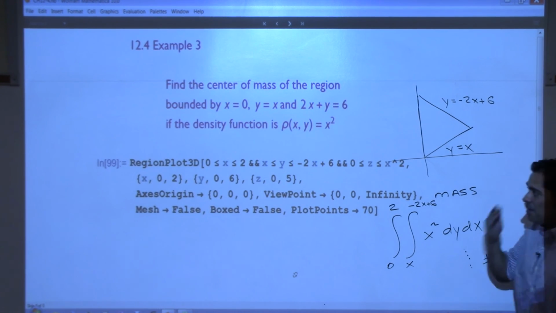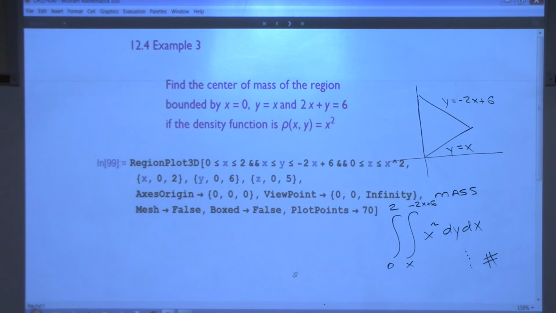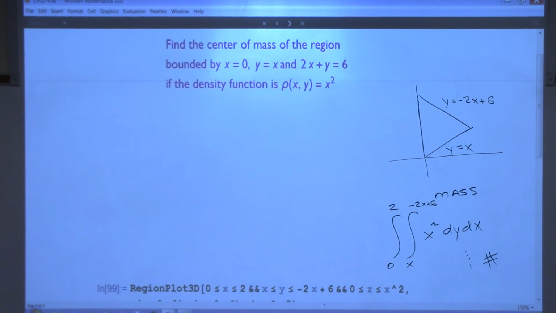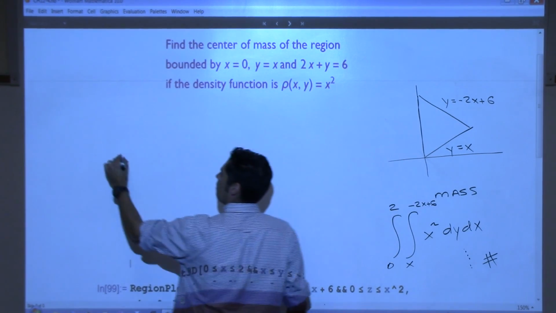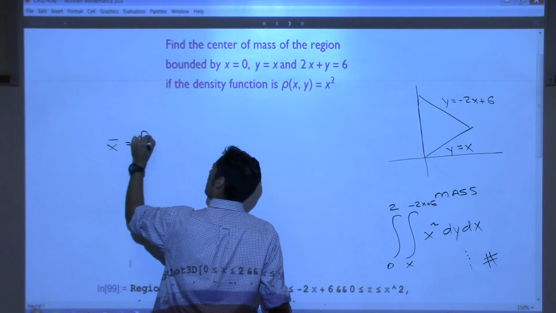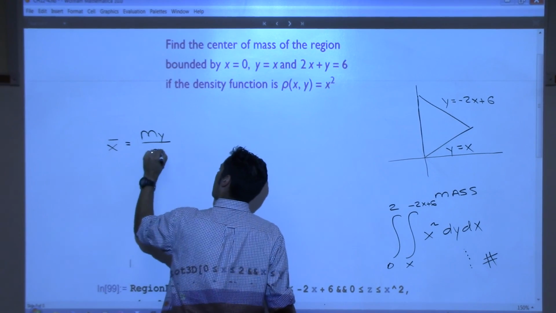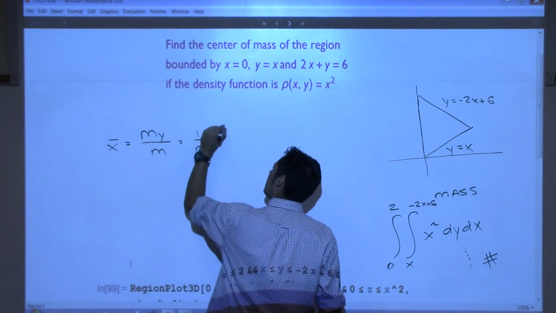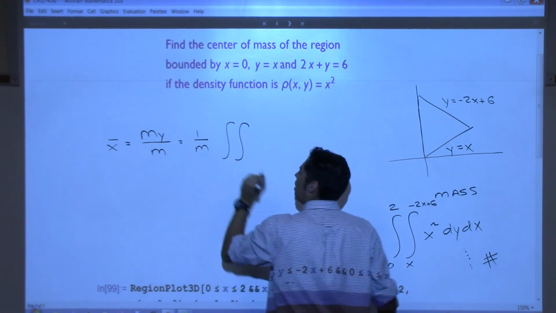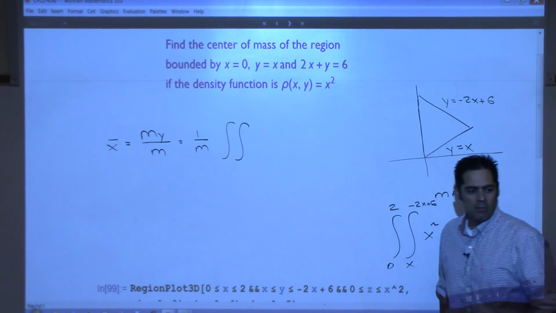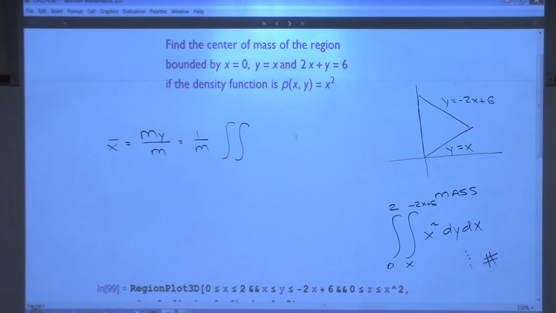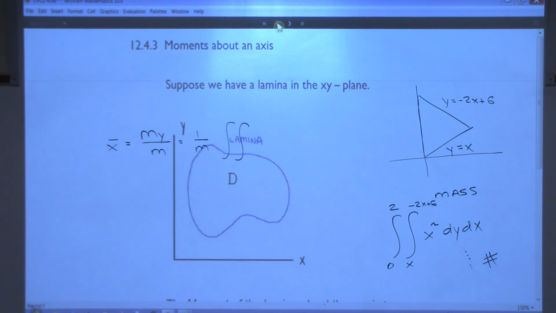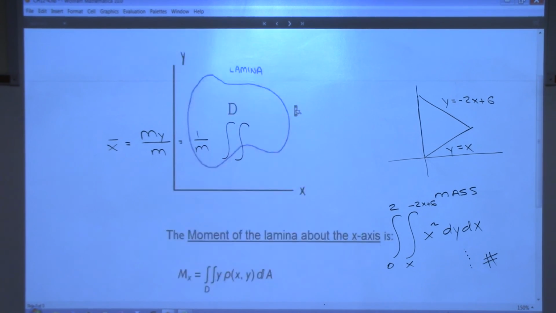Then you come in here and you do the moment, right? So if I want x bar, it's the moment about y over mass, which is 1 over mass times the double integral of what? What changes? These are opposite. I'll go back to the moments.